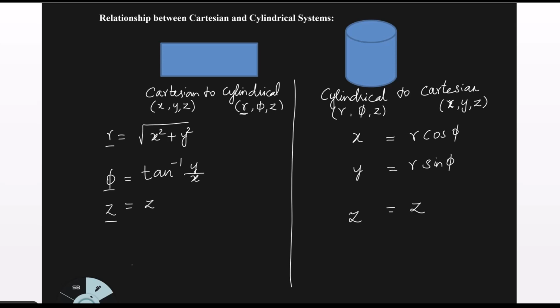These are the formulas to convert Cartesian to cylindrical and cylindrical to Cartesian. Please memorize these formulas. In the questions asked, they give a Cartesian point to convert into the cylindrical coordinate system.